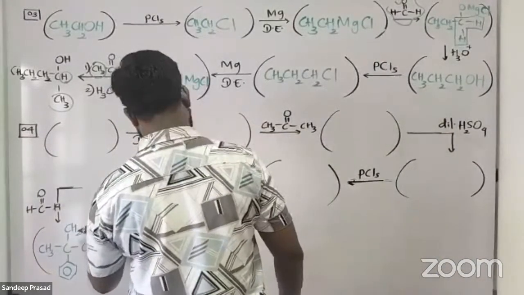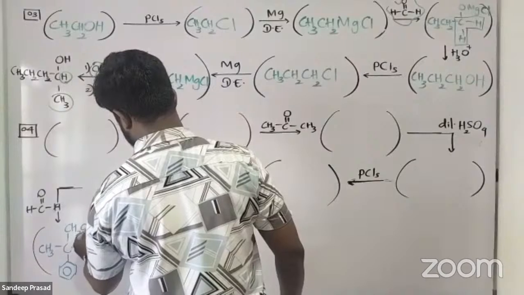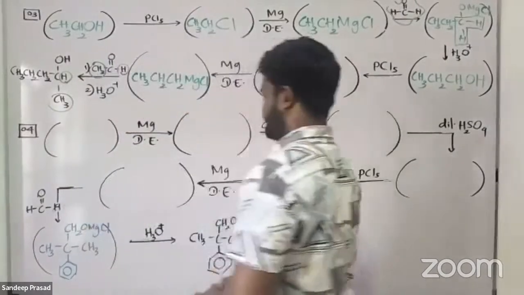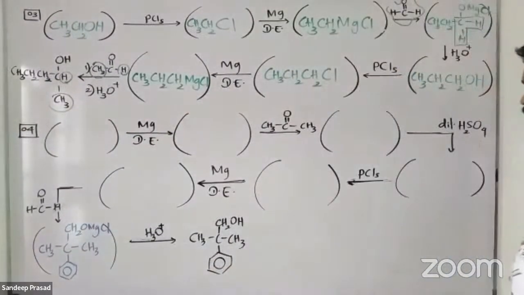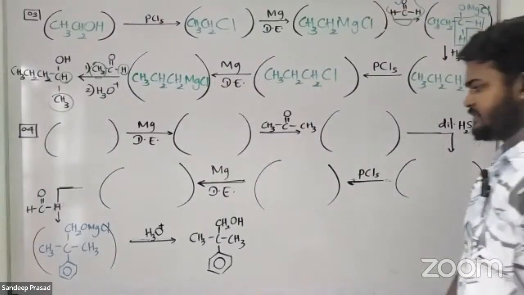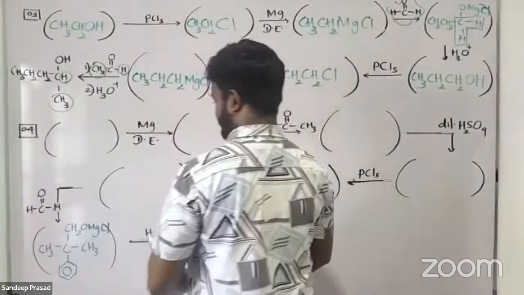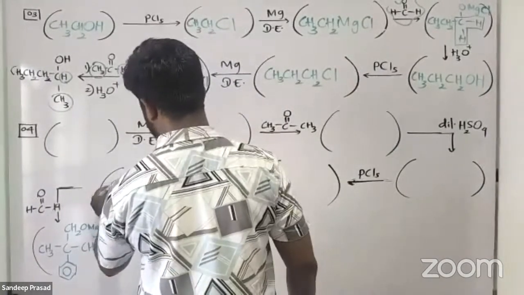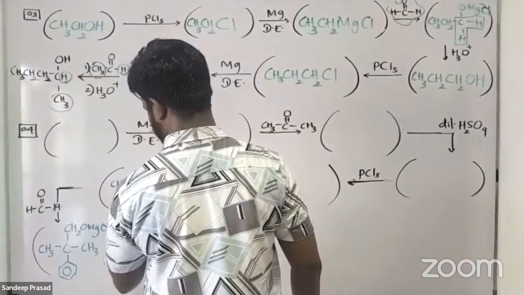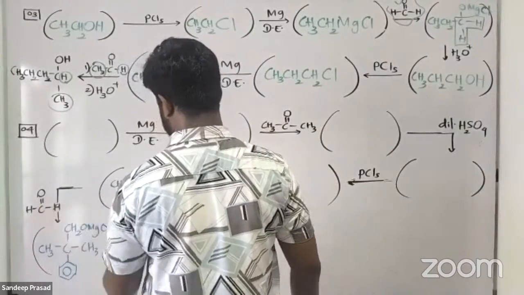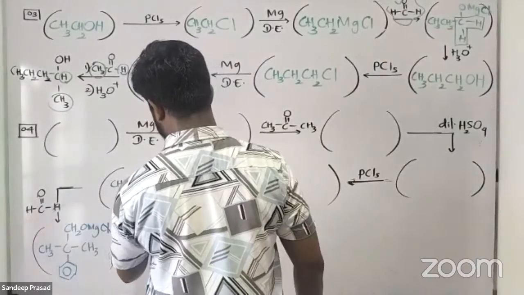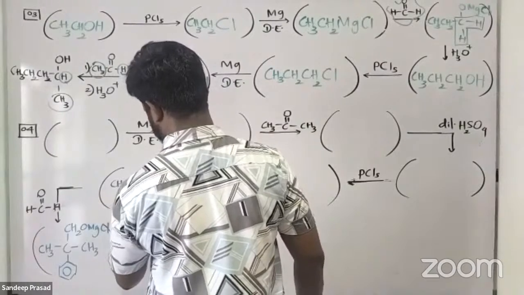Now this is actually CH2OMgCl. OMgCl. You have to go for the reverse. Now we have added methanal. So the methanal is added. So therefore, the previous reagent is this.